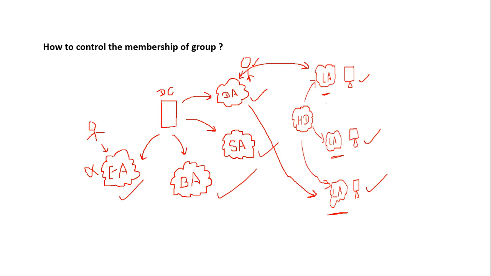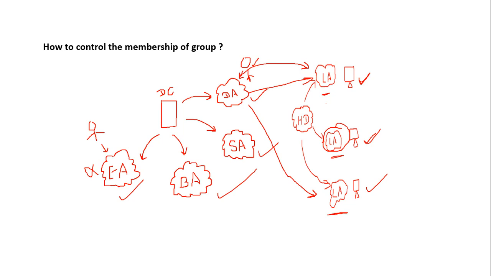As soon as you join computers to the domain, the domain admin becomes the member of these local admins. So the membership of these local admin groups on these computers is required to perform administrative tasks on those computers. So how would you provide the membership of these local admin groups?